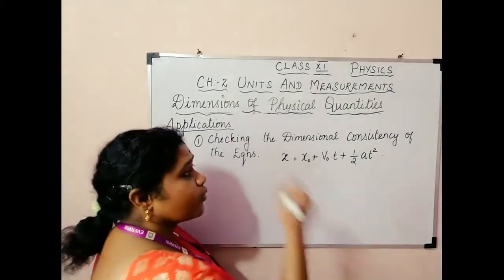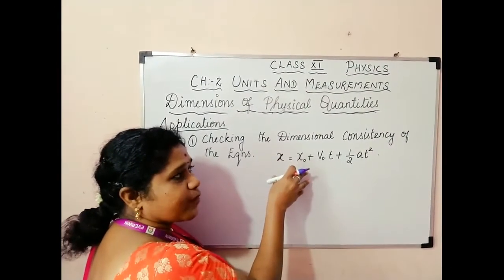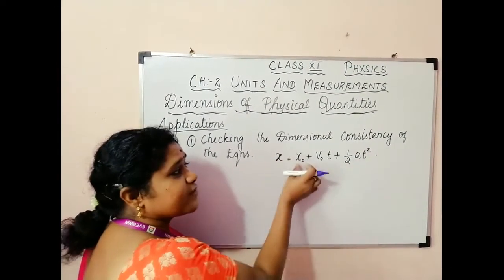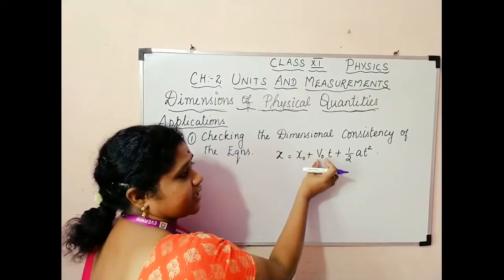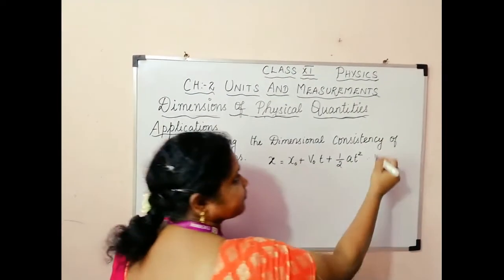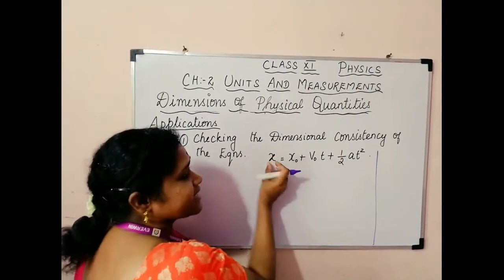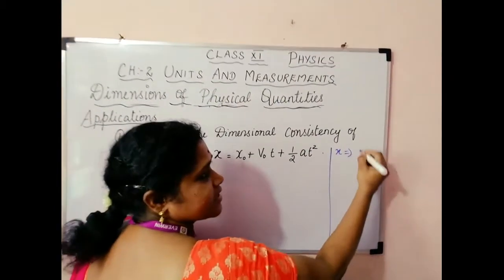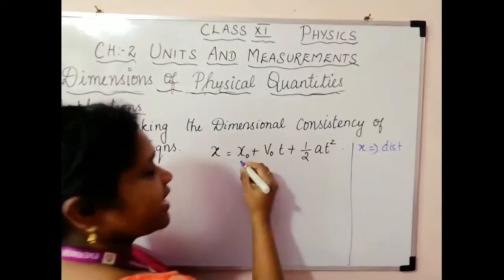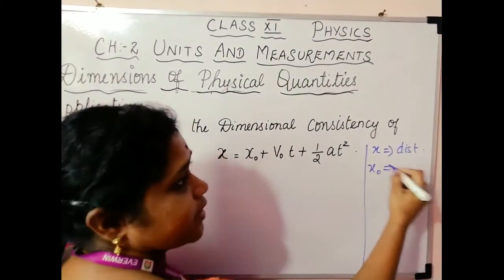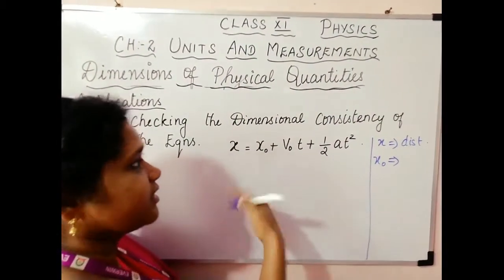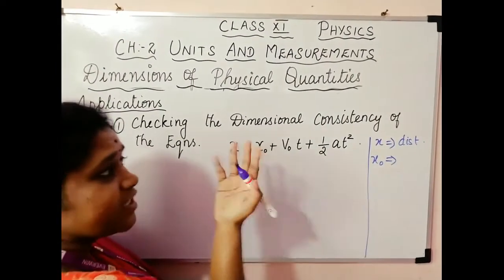Before going into the dimensional formula, let us discuss what physical quantities these symbols are representing. What is x? x is nothing but distance. And x naught is again distance, it may be the initial or the final distance.